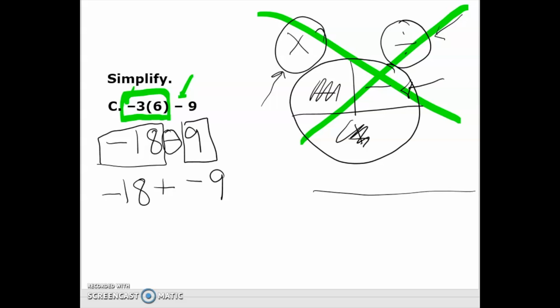So if we think about our number line, we're starting here at negative 18 and we're moving 9 spaces that way. We're getting further and further and further from 0. So that means that we're going to still be in the negatives when we get our answer. And because they have the same sign, we just add these together. 18 plus 9 is 27. So we're going to go ahead and do some practice problems with multiplication and division.